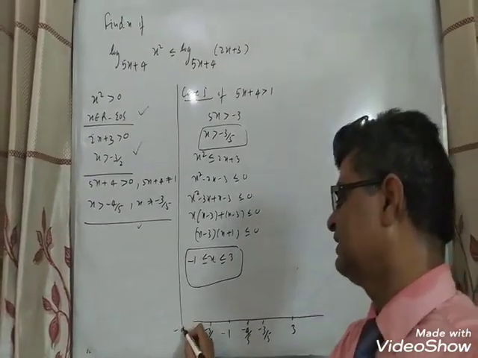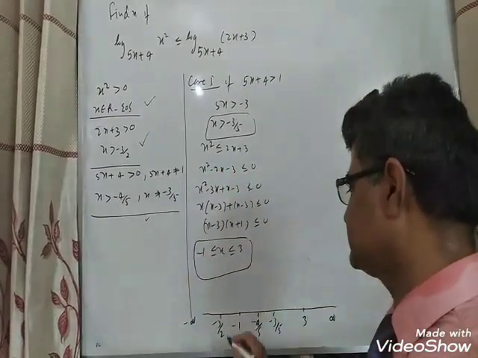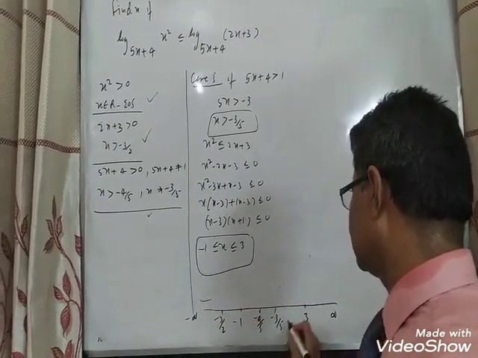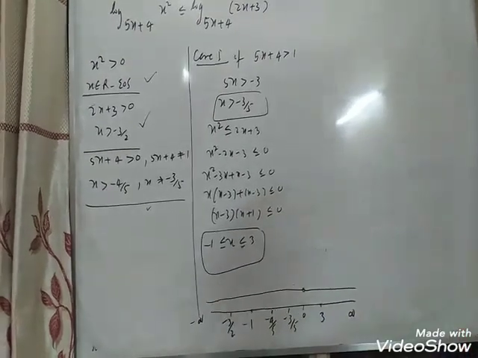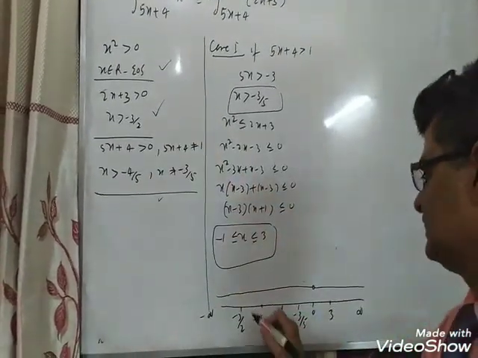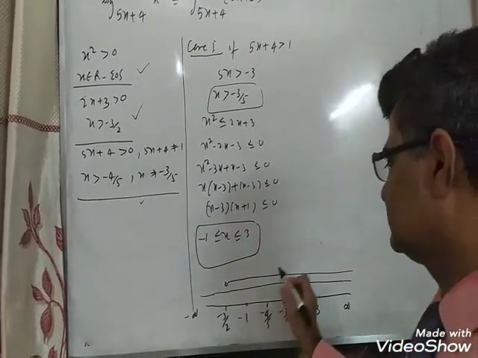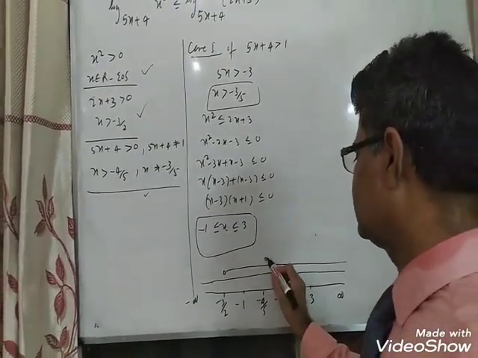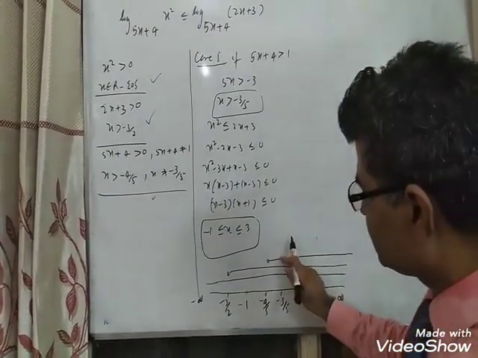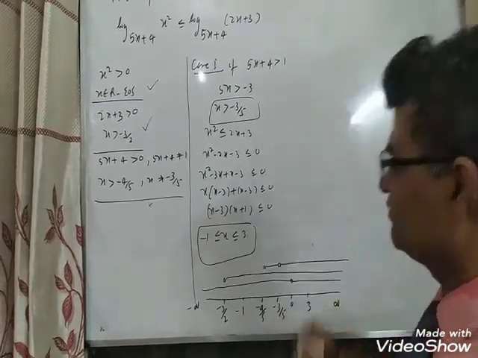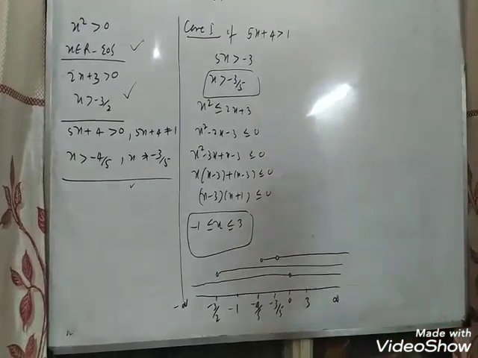Here it is from minus infinity to infinity. The first condition says x takes all the values except 0. The second one says it should be greater than minus 3 by 2. The third one says it should be greater than minus 4 by 5 and it will not be equal to minus 3 by 5, because we have mentioned that x cannot be equal to minus 3 by 5.